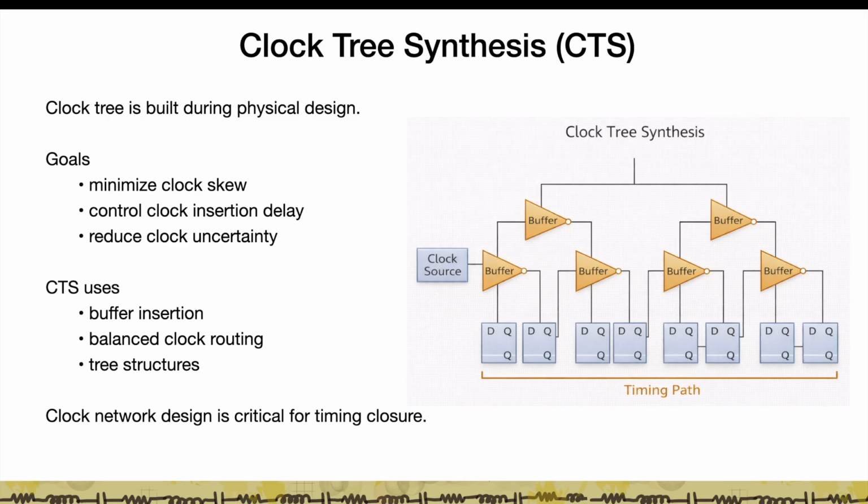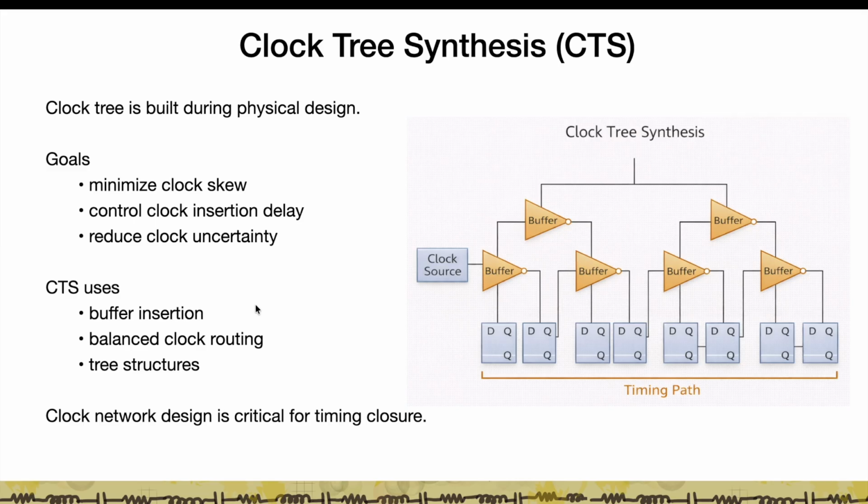Its primary goals are to minimize skew across all registers sharing the same clock domain, control the total insertion delay, and keep clock uncertainty low. The tool achieves this through balanced routing, constructing tree branches that have approximately equal delay to all leaf flip-flops, combined with strategic buffer insertion to drive the wire capacitance at each level.